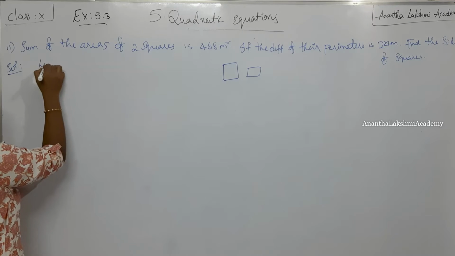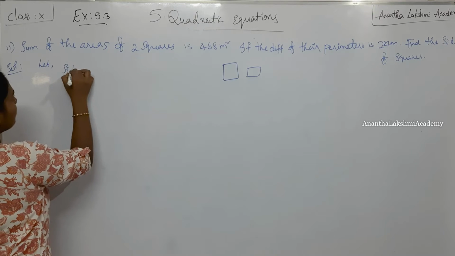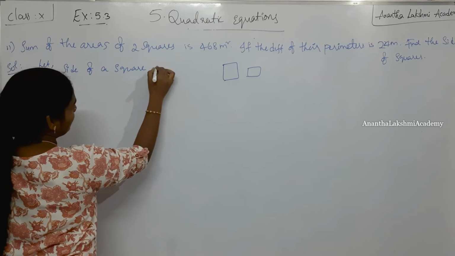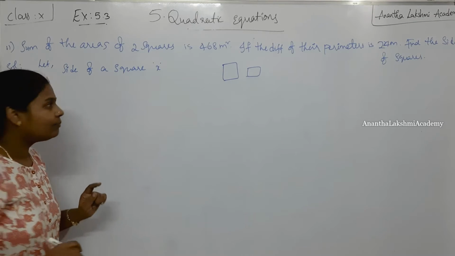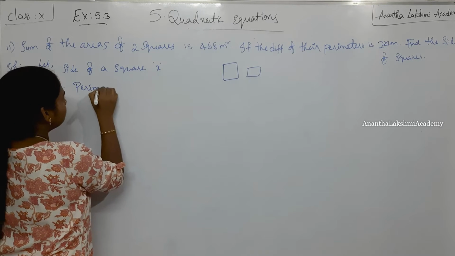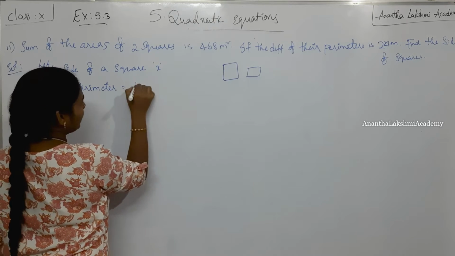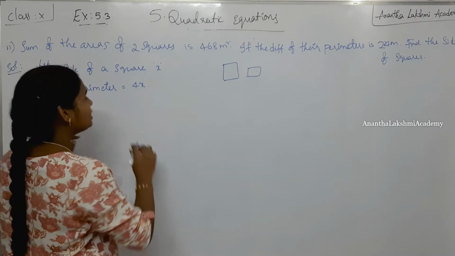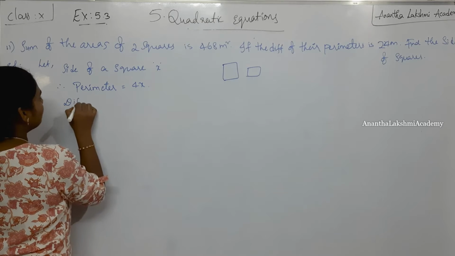So let the side of one of the squares be x. Then what does the perimeter become? Therefore, perimeter is equal to 4x. Difference of the perimeters is given as 24.